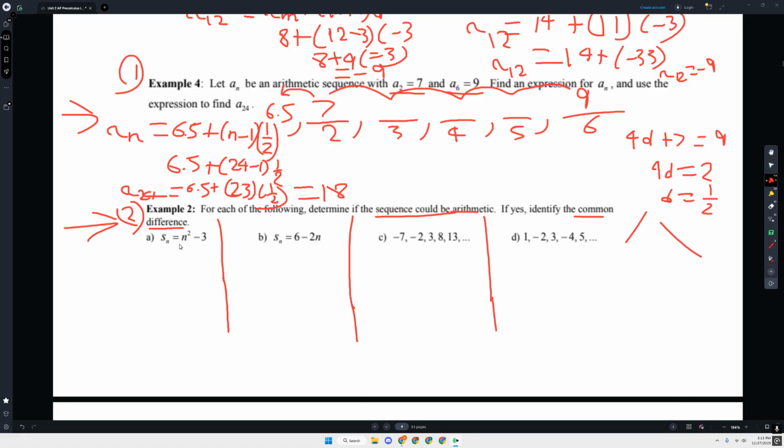So for example, this first one is not arithmetic because it's n squared, so it's more like quadratic, which isn't arithmetic.